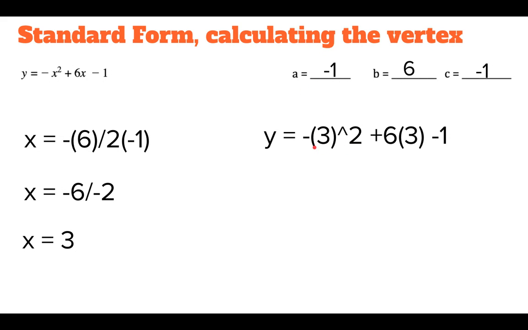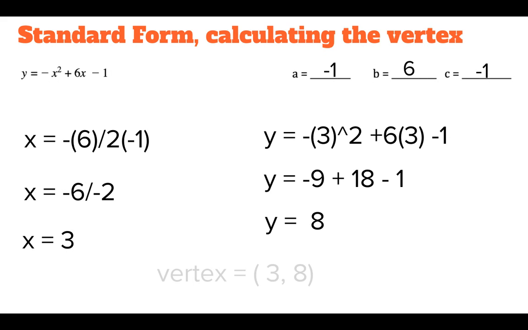The trick with this one is 3 squared is 9, and then the negative happens. If this negative was inside the parentheses, it would be a positive result, but because the negative is out in front, it becomes a -9 there. So -9 + 18 - 1, I get y equals 8. Grand total, vertex (3, 8).